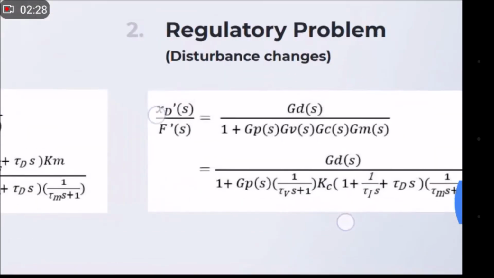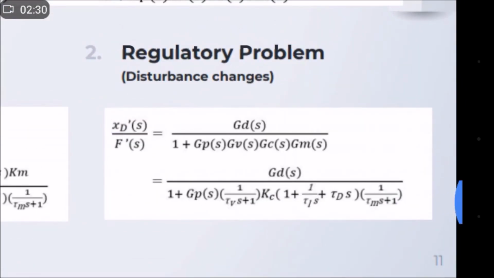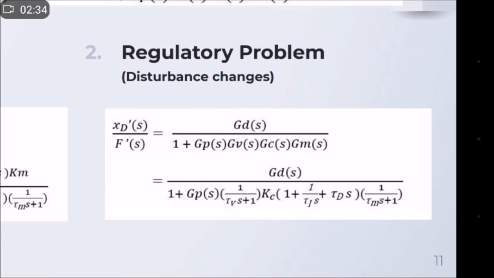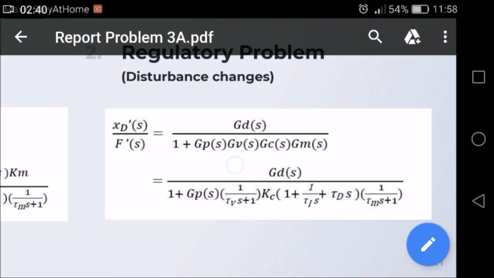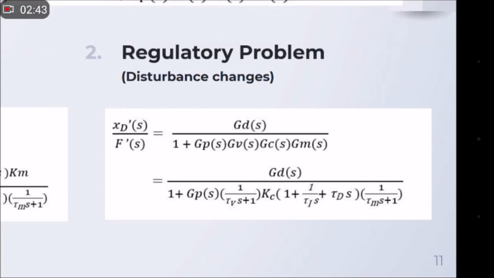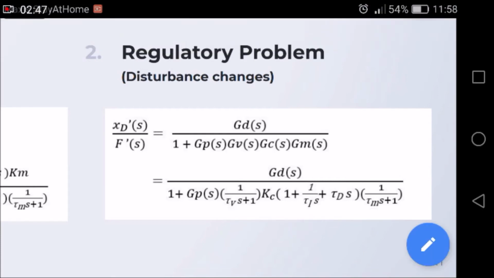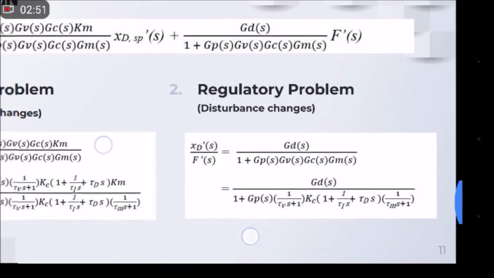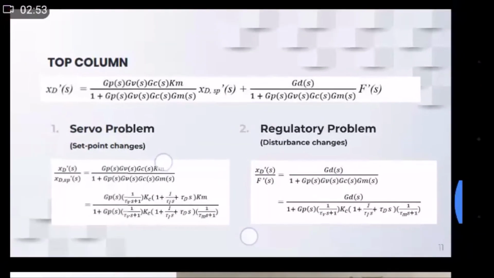For the regulatory problem, which is our disturbance change, we set the set point change equal to 0. We rearrange the transfer function, it gives us this, and by substituting the transfer functions of the control valve, controller, and transmitter, here is our final transfer function for the regulatory problem.